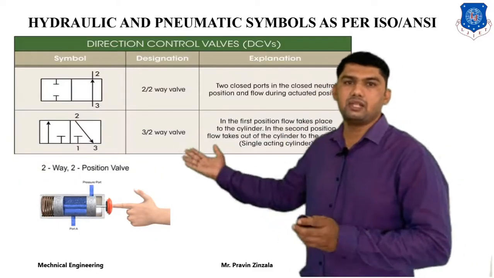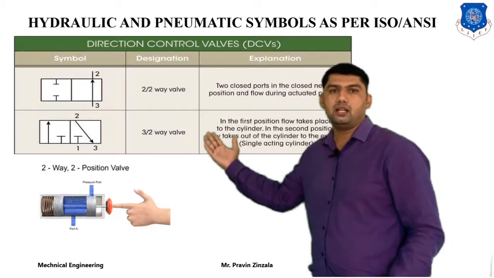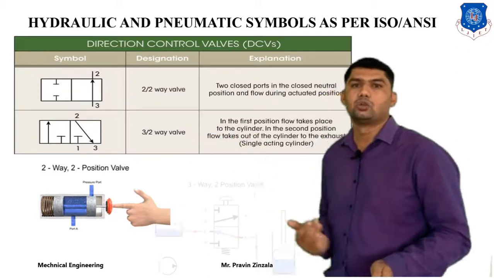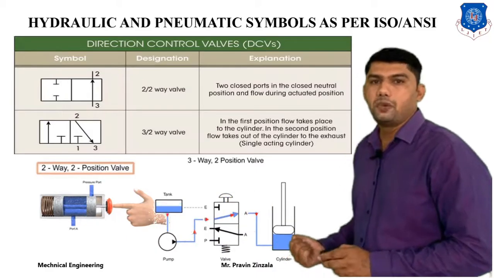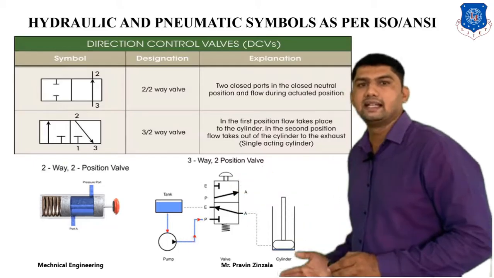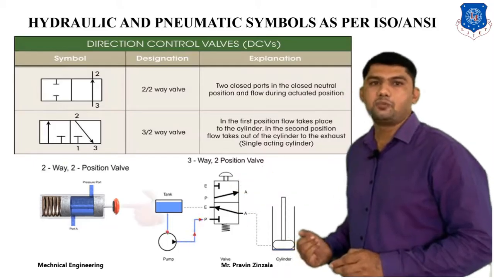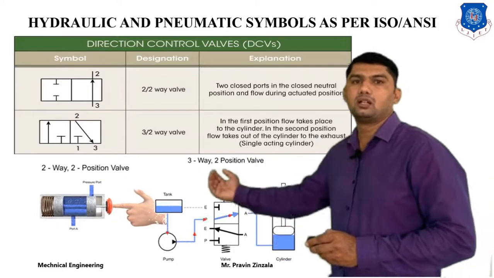Second is the 3x2 direction control valve. The number of ports is 3 and the number of positions is 2. This is the diagram of the 3x2 direction control valve. In the first position, fluid passes from the pump to the cylinder, while in the second position, fluid passes from the cylinder to the reservoir. The 3x2 direction control valve is used only for the operation of a single acting cylinder, and this is its symbol. The first arrow represents the flow from the pump to the cylinder, and the other is the steady position. In the second position, fluid passes from the cylinder to the reservoir.